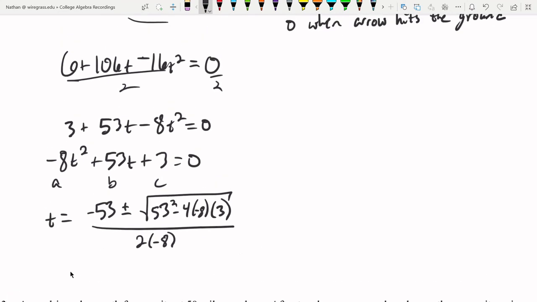Okay, this is going to give us, we figure out what is the discriminant. 53 squared plus 4 times 8 times 3. It's going to give us the square root of 2905, negative 16.